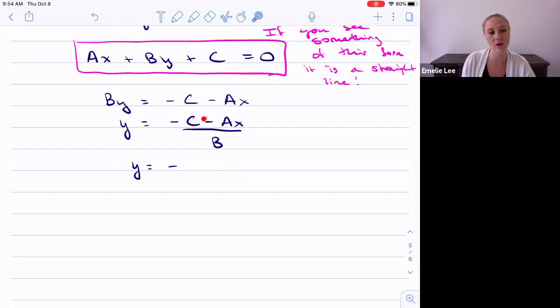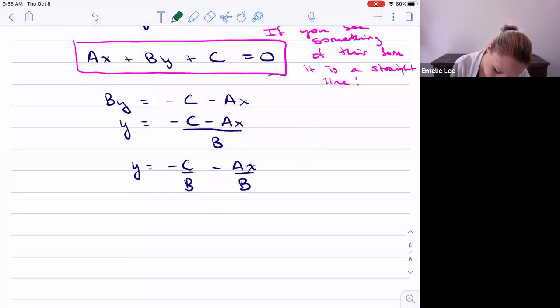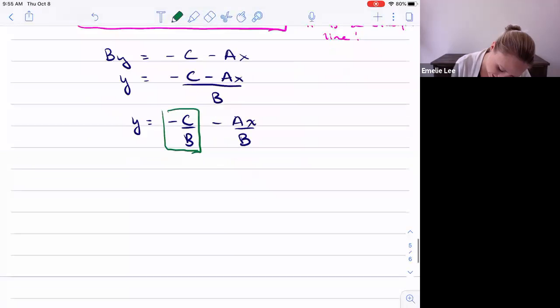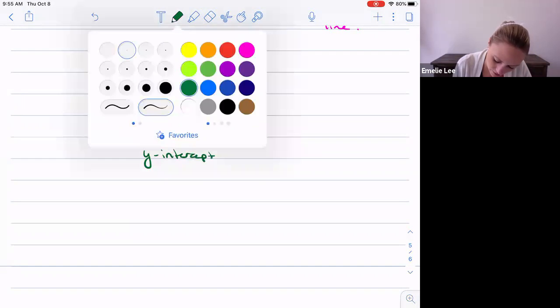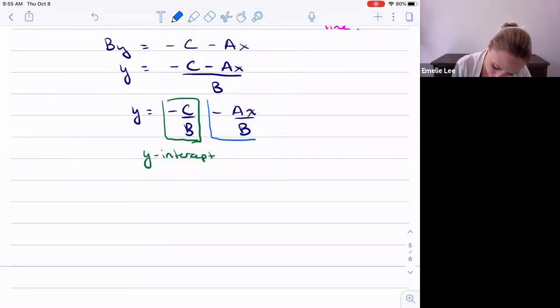You can pull out a common negative if you wanted to, I'll just keep them as they are. A little bit trickier, right? But here, this would be our y-intercept, and whatever is attached to the x is the slope. So this is your y-intercept, and this here is your slope.